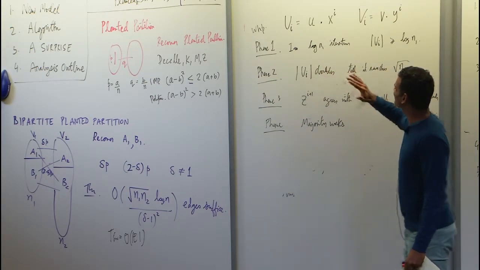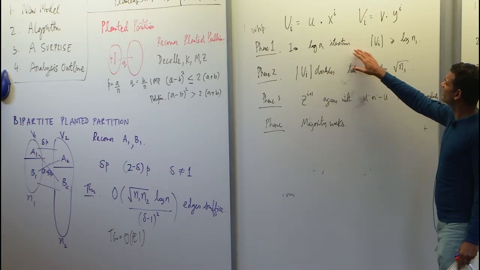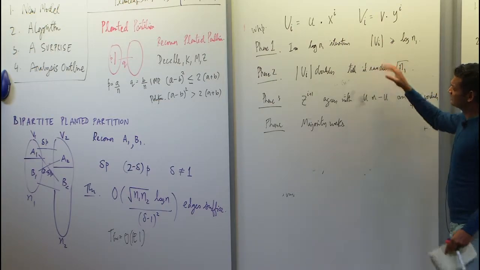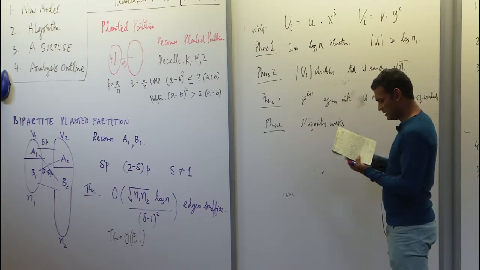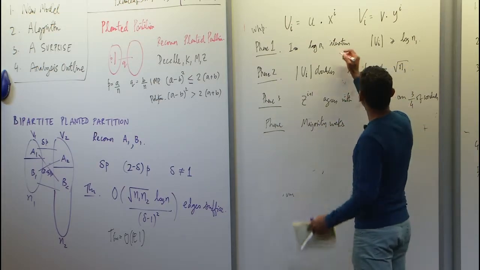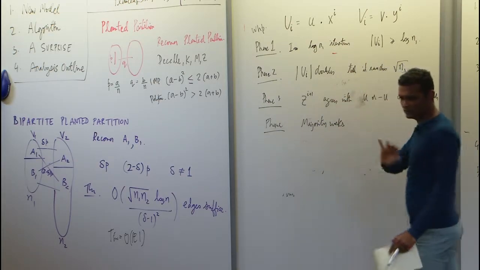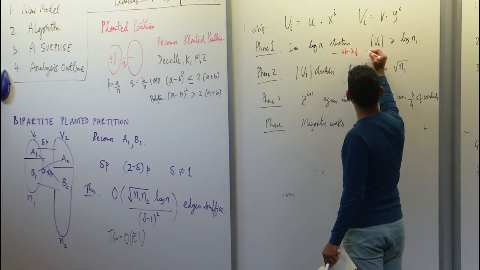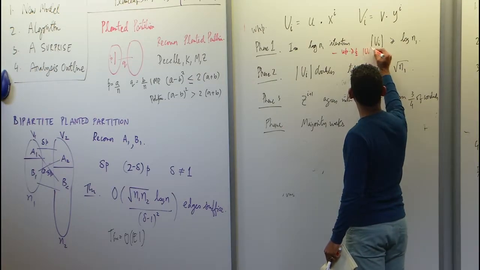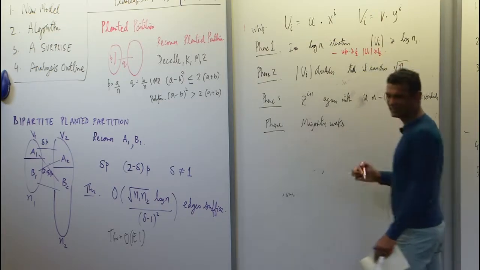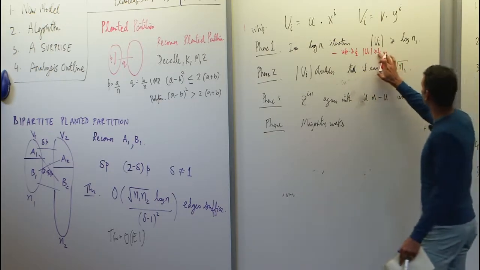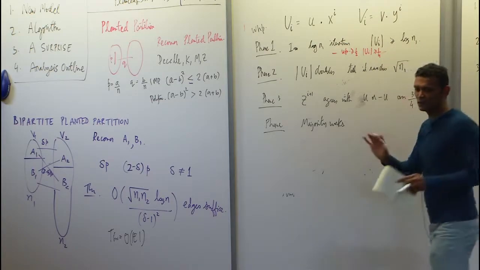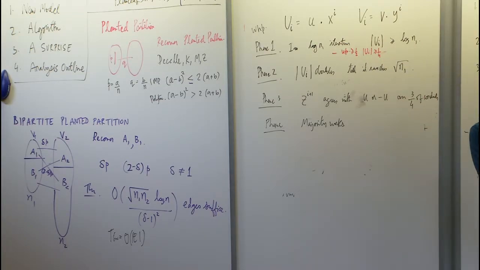Now, the first phase is the slightly tricky one, because in the first phase we really have two little claims. One claim is that at each iteration, independent of what else is happening, with probability at least half, ui is at least a constant. It doesn't go below at least 1/4 in our paper, but it stays at least a constant at every iteration, no matter what it was before.